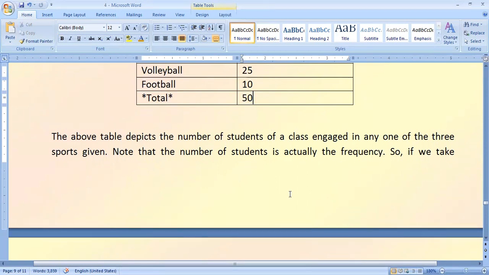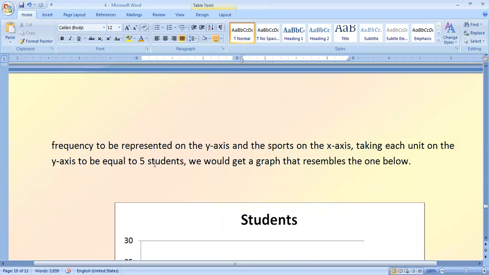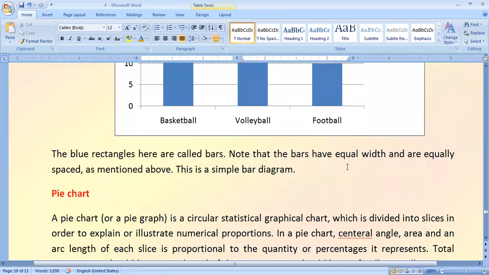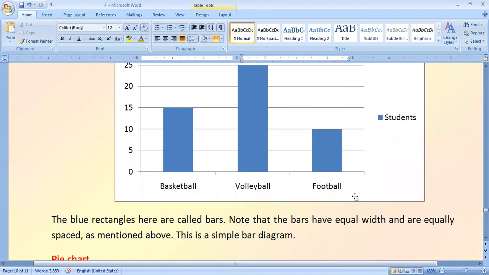So if we take the frequency on the y-axis and sports on the x-axis, and take each unit of the y-axis to be equal to 5 students, we will get a graph resembling the one below. The blue rectangles here are called bars. Note that all the bars have equal width and are equally spaced, as mentioned above, in the simple bar diagram.